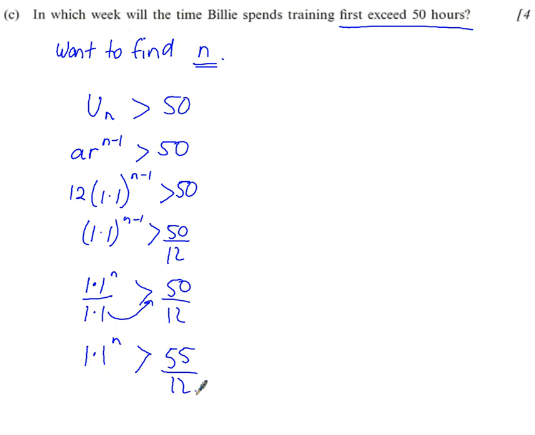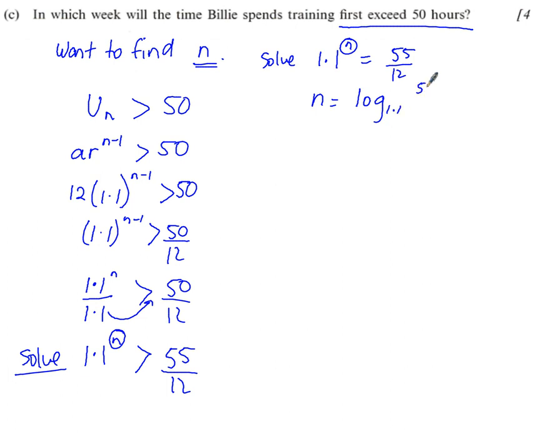And so now we want to solve this, don't we? Okay, let's have a look at what logarithms would do there. We want to find the exponent. Okay, so I'm going to solve 1.1 to the n equals 55 over 12. Using our logs, we know that our exponent n equals the log, base 1.1, of 55 over 12.